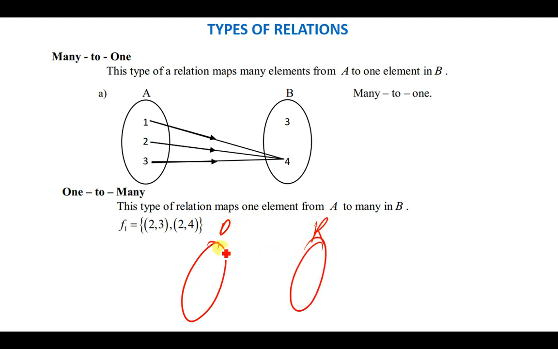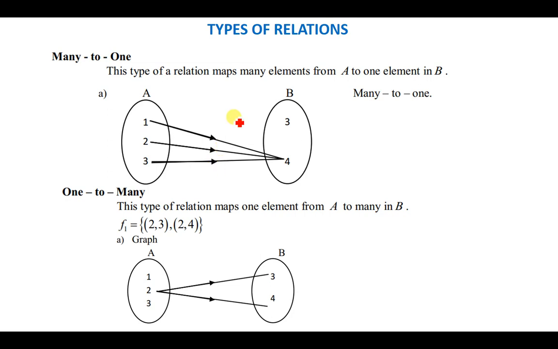When you plug in an element of the domain, let's say you have 1, 2, 3, you plug in 1 and you get maybe 2 answers, 3 and 4. So you have one element being mapped onto many elements in the set of the range. That's what it means when you talk about a one-to-many relation.